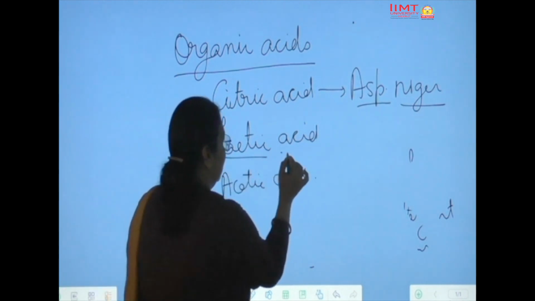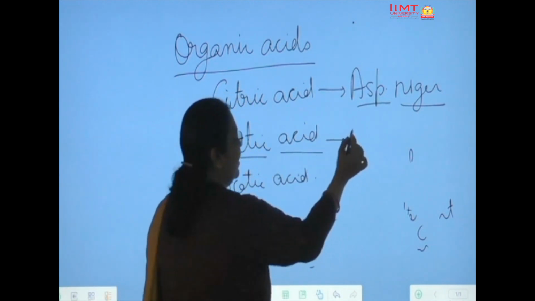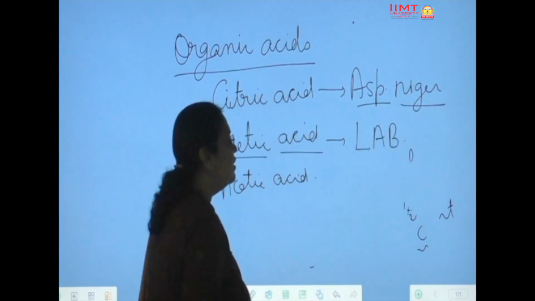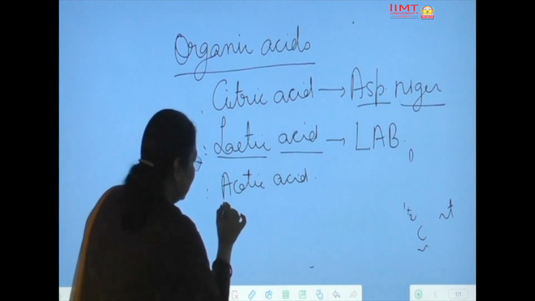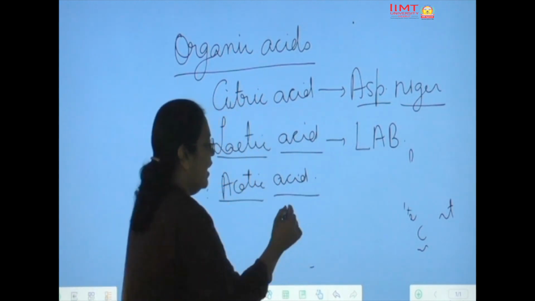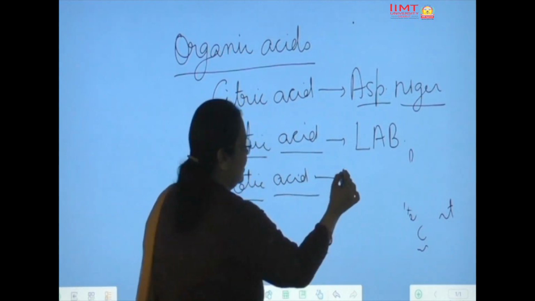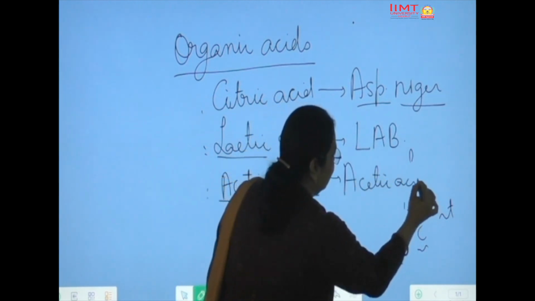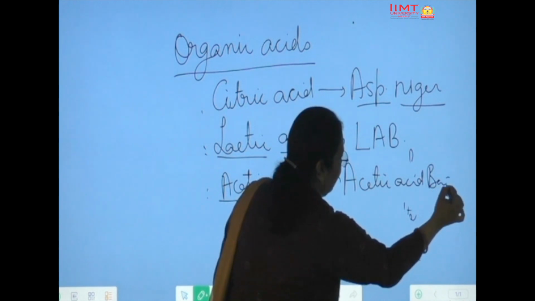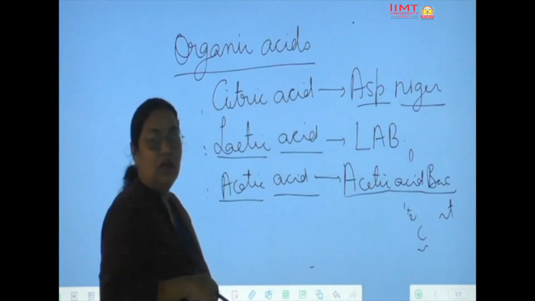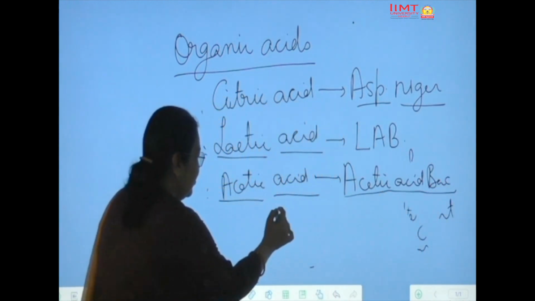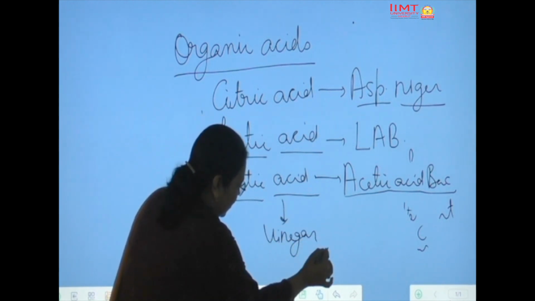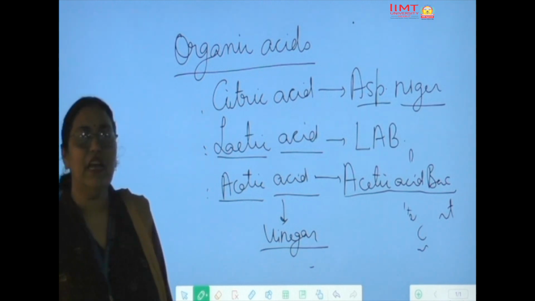Lactic acid is produced by lactic acid bacteria including Lactobacillus and Lactococcus. Acetic acid is produced by acetic acid bacteria, and this acetic acid is present in vinegar. If you know vinegar, it is a product containing acetic acid.